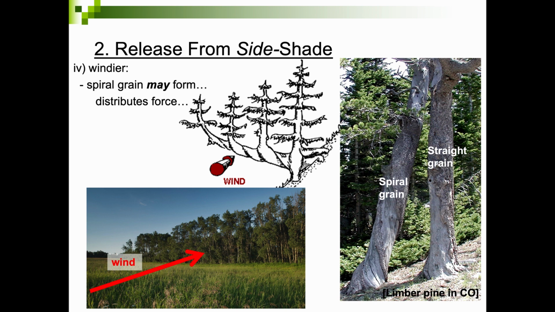This spiral distributes the force of the wind, and it allows that individual to still maintain some structural integrity. On the right-hand picture, you see two individuals. The outermost individual interacts with wind more, and you can see the spiral grain of the wood.